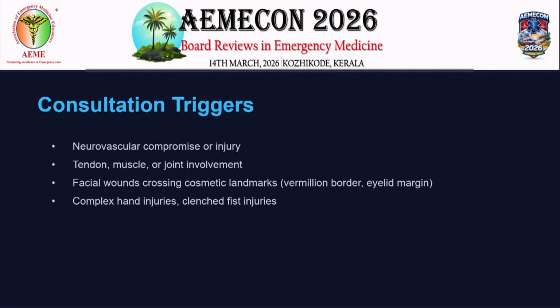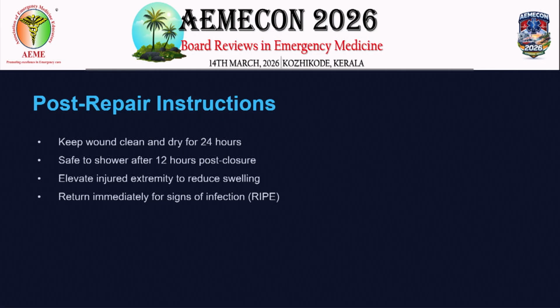Also, if there is a tendon or muscle injury which affects the working of the patient and is very severe, it has to be involved. If there is a facial wound crossing cosmetic landmarks like the vermilion border or an eyelid margin, you should involve the concerned department. And if it is a complex hand injury or a clenched fist injury, you should always involve the concerned department.